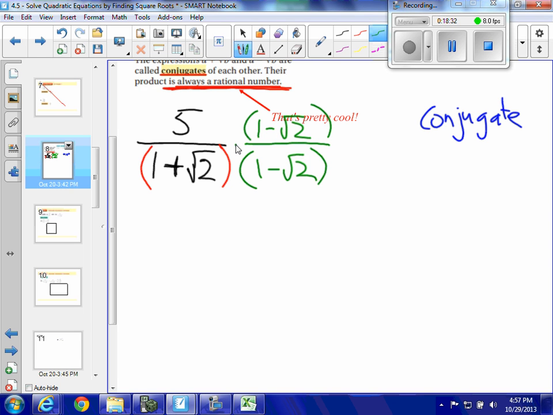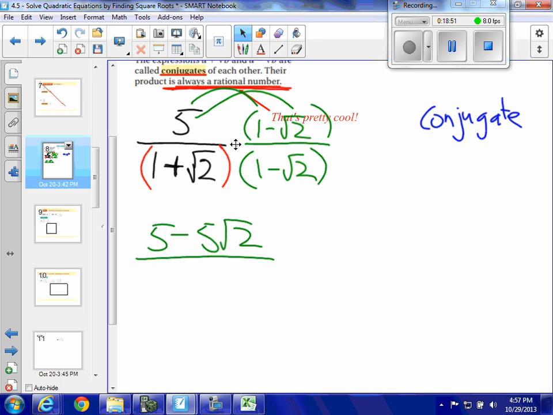Well, let's do my numerator first. I have 5 times 1, and then 5 times negative radical 2. That gives me 5 minus 5 radical 2. That's okay. Now I'm going to do my denominator.